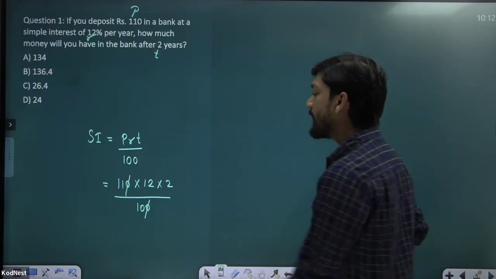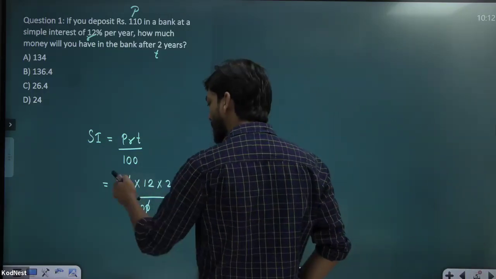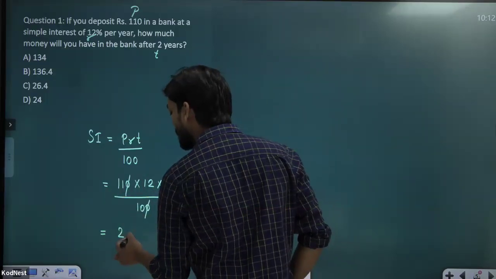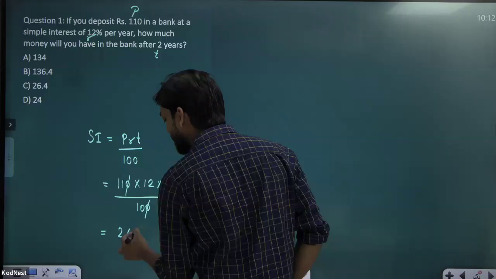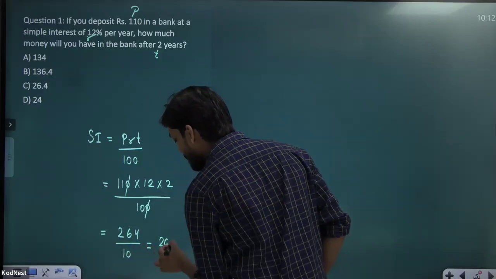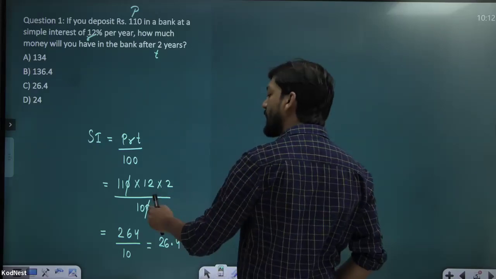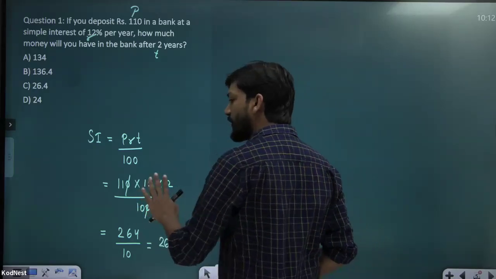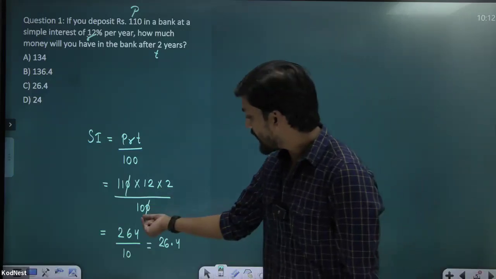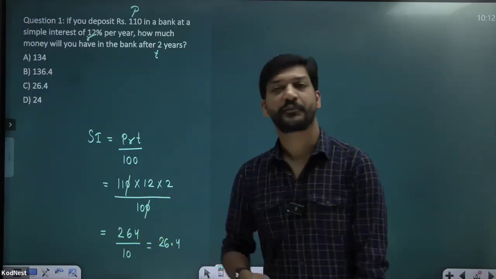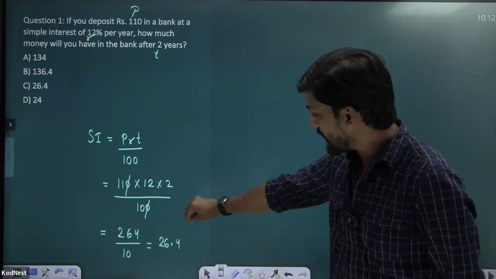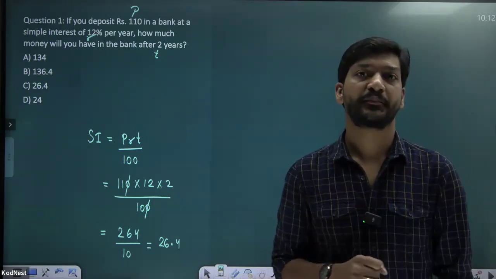My dear, dividing by 10 is extremely easy. So just multiply: you will get 11 into 24, which is 264, divided by 10. So 26.4. If you are dividing by 10, you are not even dividing anything, because dividing by 10 will just put a decimal, nothing else. So don't cancel it out. Just multiply, then divide by 10, put a decimal.